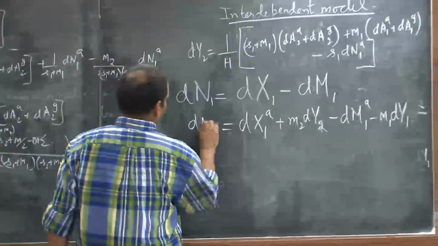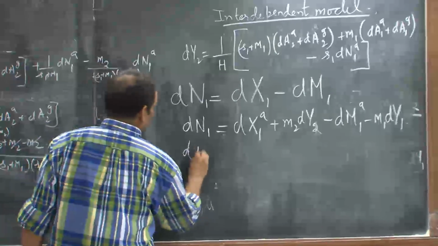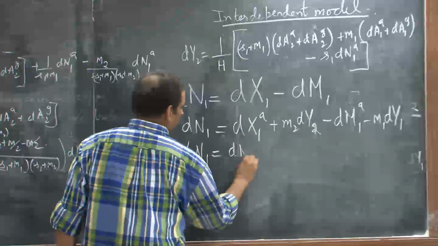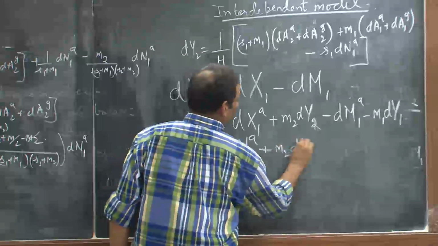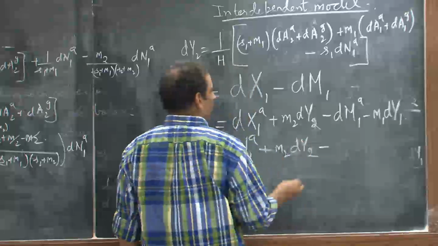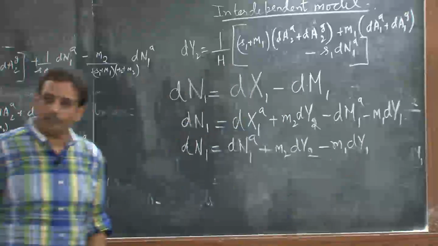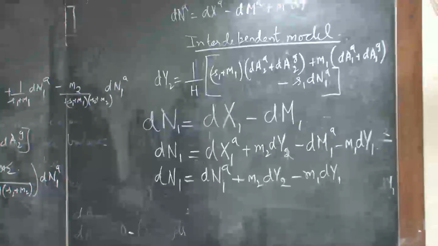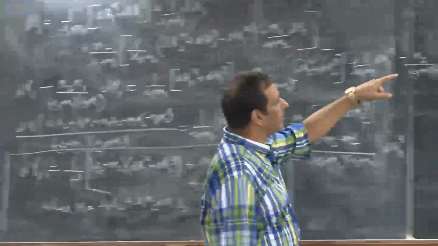So, DN1, the change in current account balance, DN1 is equal to DN1A plus M2 dy2 minus M1 dy1. Now, you have already got the values of y1, dy1 and dy2.